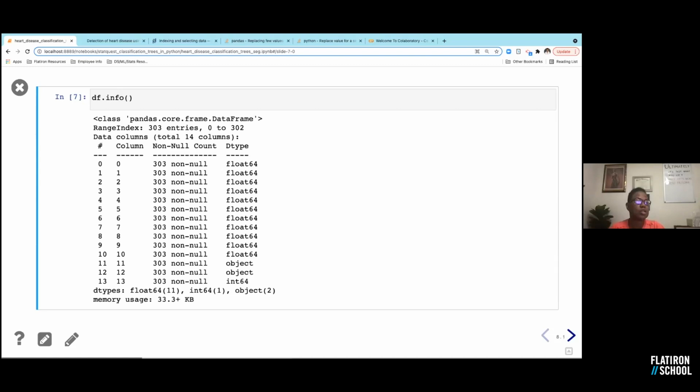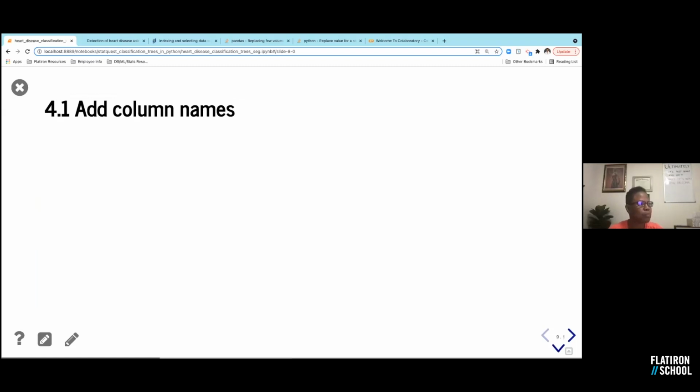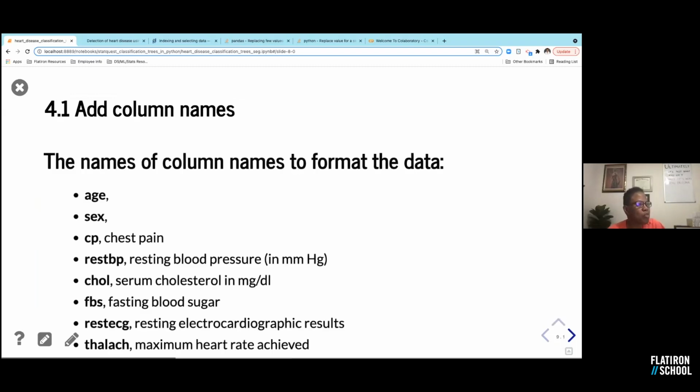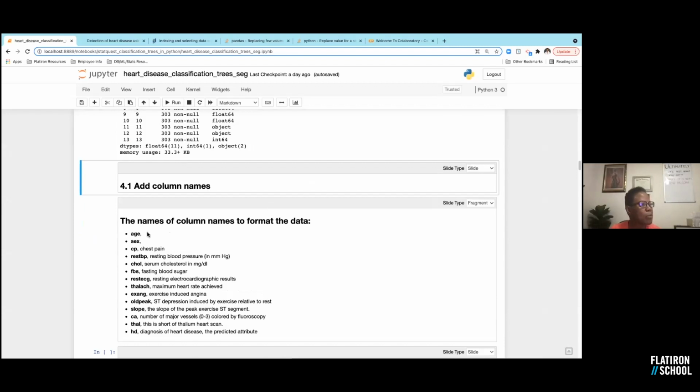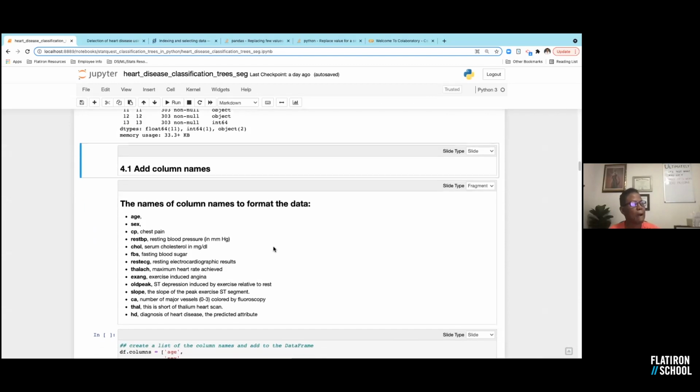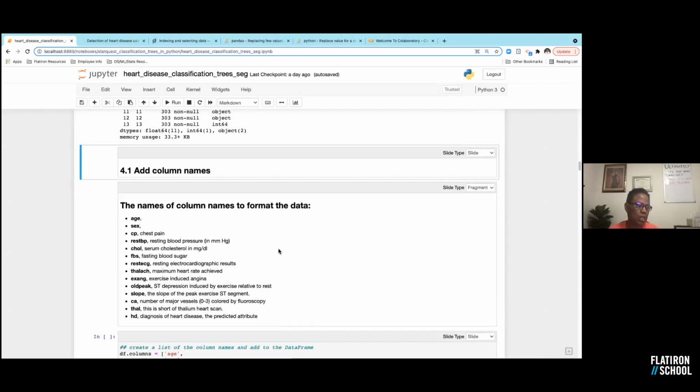And then you can use any one of the many modules that will help you build your model. So in this data set, this is some of the information, and some of it is off screen, so again I'm going to go back down to my notebook. We have age, sex, chest pain, resting heartbeat, cholesterol, fasting blood sugar, and a whole host of other features that we are using.